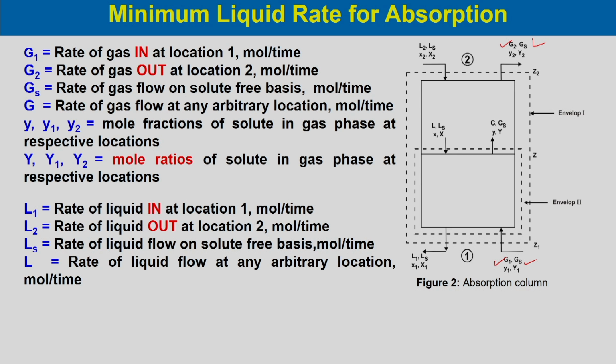L1, L2, Ls and L, these are all liquid rates at inlet and outlet, and Ls is the rate of liquid on solute free basis, it is also mole per time. L is the rate of liquid flow at any arbitrary location in mole per time.